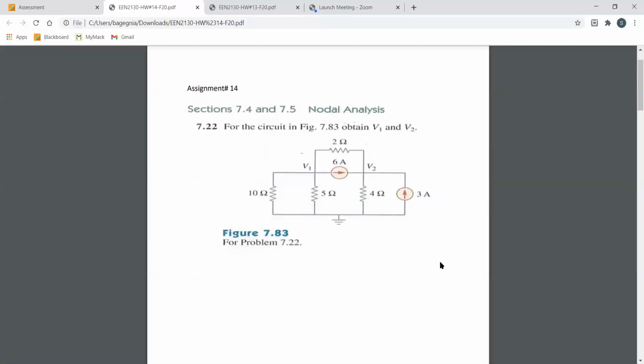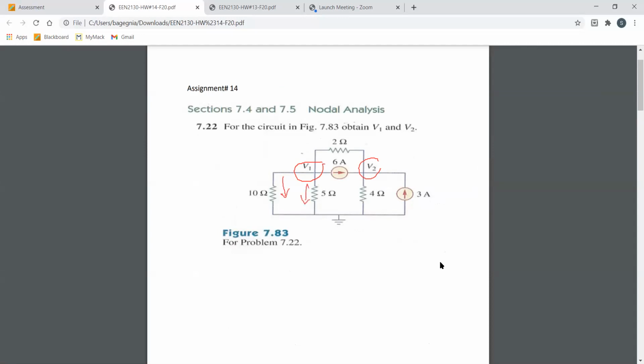Okay, second step after we label the node voltages, we need to label the currents. As I mentioned today in the class, when you assign the currents, if you have parallel elements or branches, always assume the current going down.